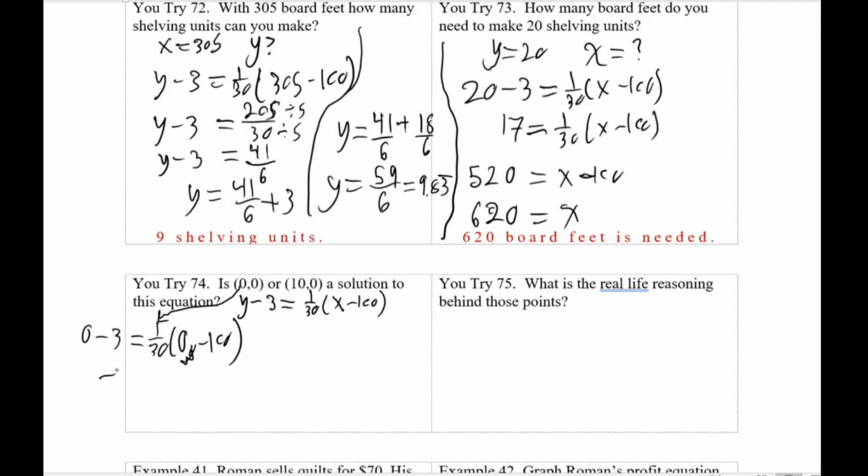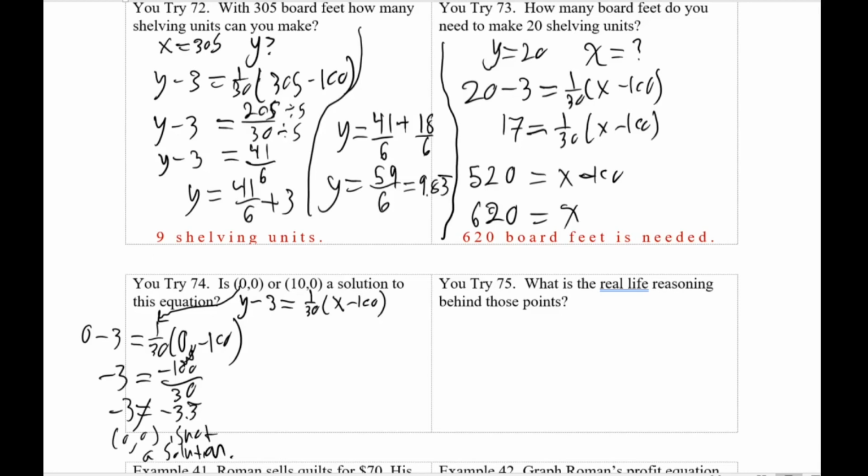Now I can simplify this side. We have negative 3 equals negative 100 all over 30. Negative 3 equals negative 3.3 continued, which is not true. So 0, 0 is not a solution.